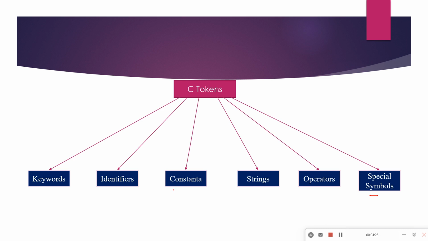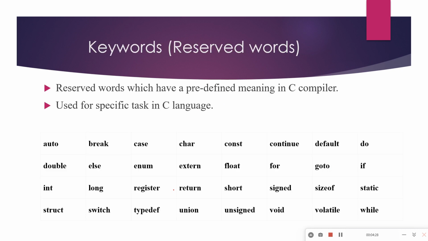Okay. So keywords are nothing but reserved words. Why are they called reserved words? Because they have a predefined meaning. What do you mean by predefined meaning? For example, what is the purpose of having a printer? To take the printout, right? A scanner, we convert hard copy to soft copy by scanning the document.